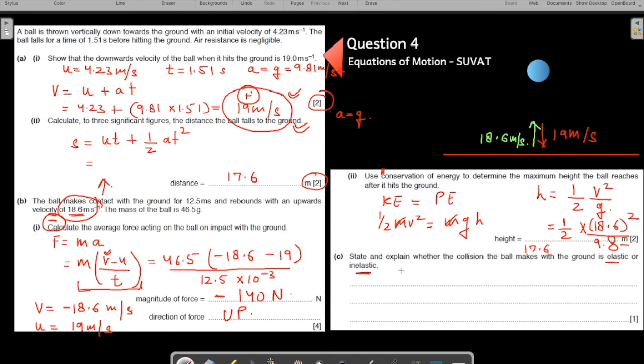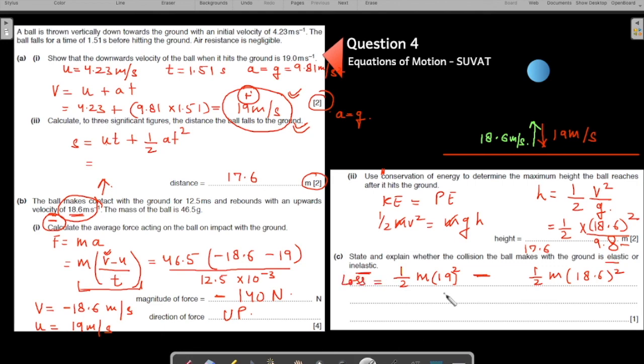Initially the kinetic energy was half mass times 19 squared, mv squared. Now the kinetic energy is half mass times 18.6 squared. There is a loss in kinetic energy happening. You subtract these two, that's a loss.